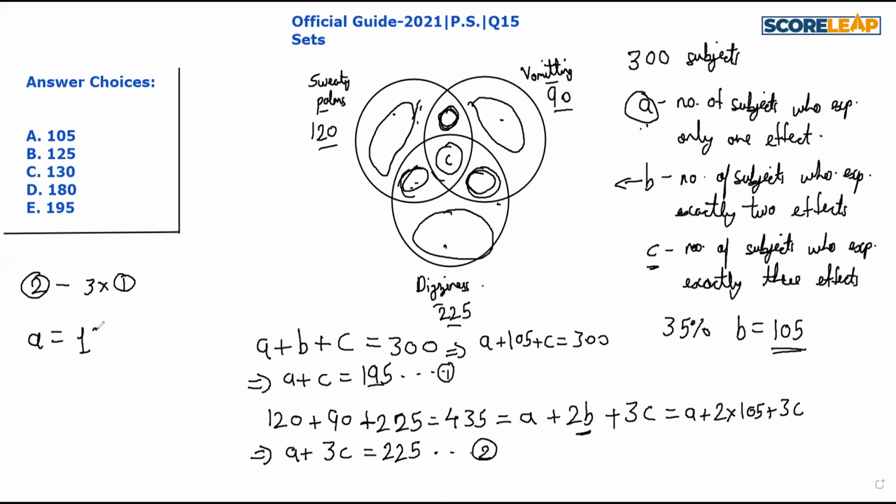You can solve it at home; this is just two equations with two unknowns. Just take care that you multiply the first equation by 3. Otherwise, if you find the value of C first, you will have to plug it into one of the equations to calculate A. That is also possible, but we can get the value of A directly by this operation. So our correct option is option D. I hope it is clear.